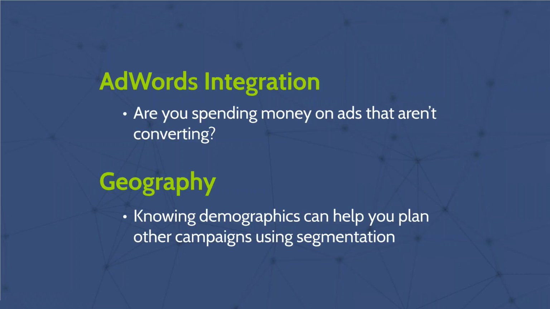What I see far too often is that most people are spending money on AdWords and they see they're getting traffic, and they have maybe 4 or 5 campaigns set up with different keywords and all that.